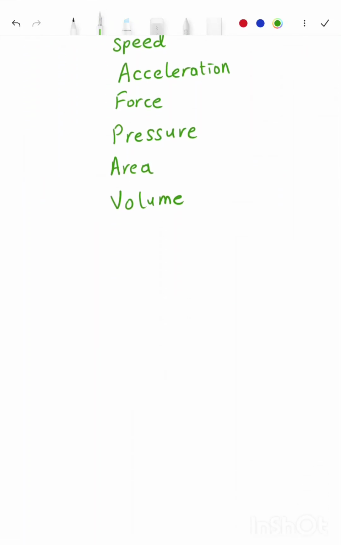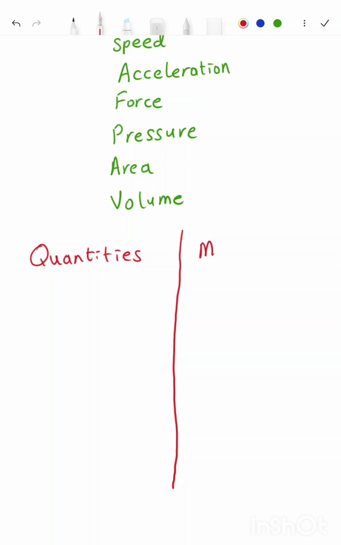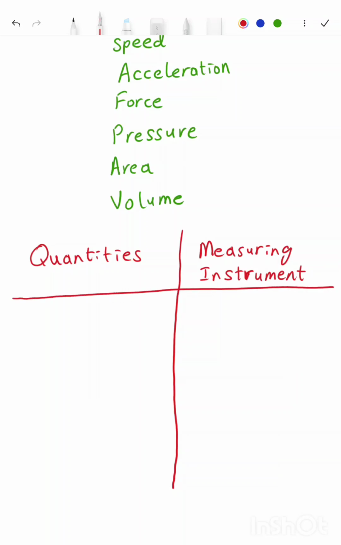So first we talk about these quantities and the instruments or devices that we can use to measure these types of quantities. First, talking about the length. What could be the instruments that we can use to measure the length of an object?